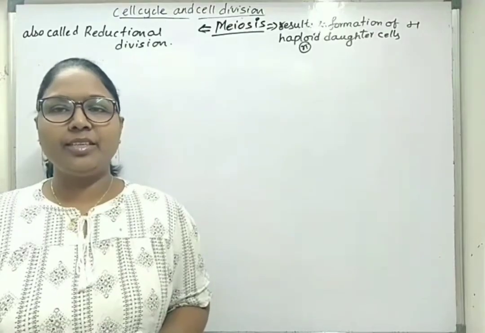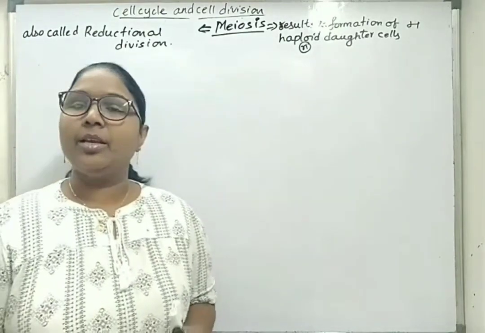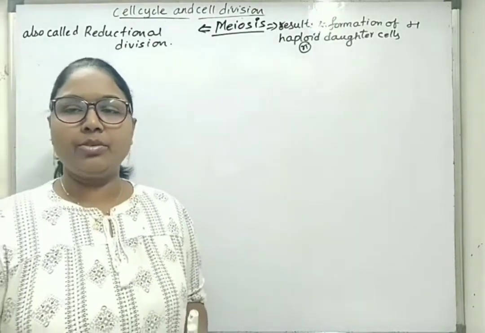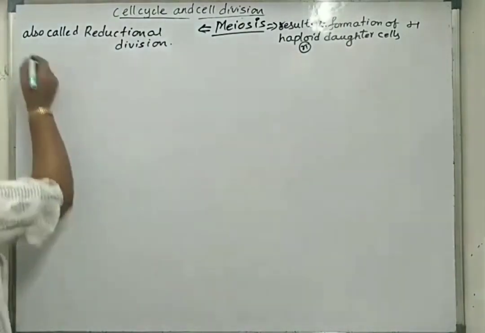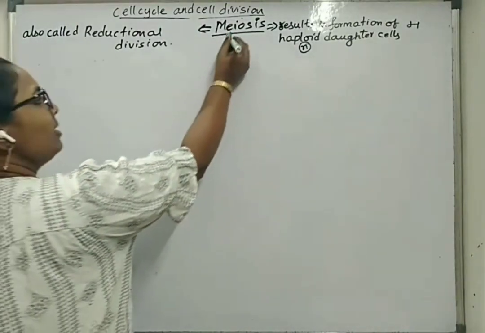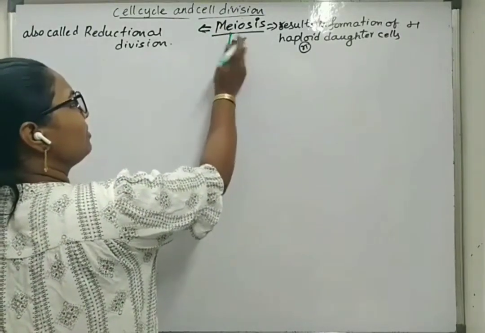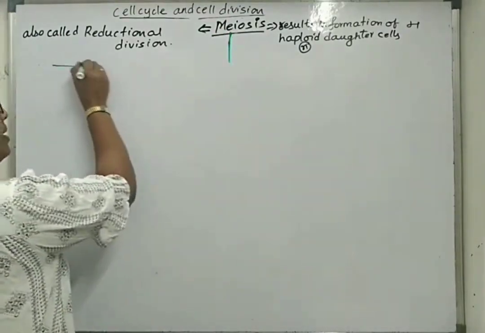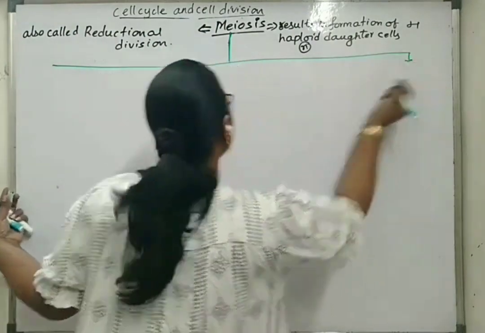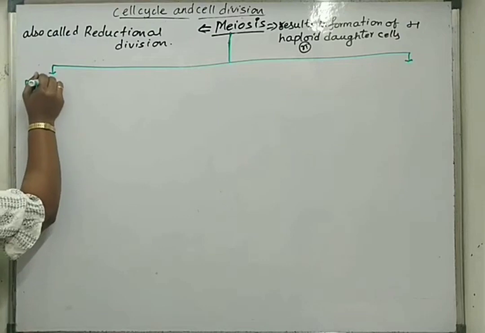Hello students, now we will learn about the process of meiosis, how meiosis happens, what are different stages in meiosis. So, meiosis is happening in 2 steps. That is, first step or stage is meiosis 1.